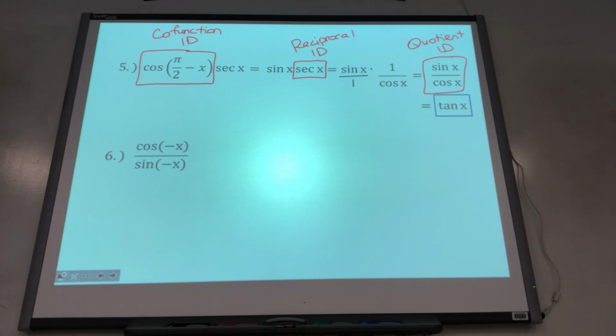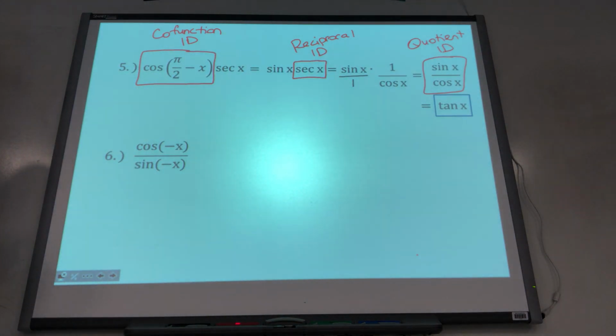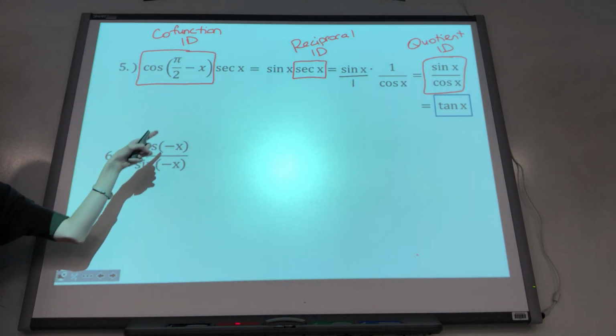So, number 6, we're just soaking it in, trying to understand why we're doing this the way we're doing it. Cosine of negative x divided by sine of negative x. Well, what I see first are these negatives.